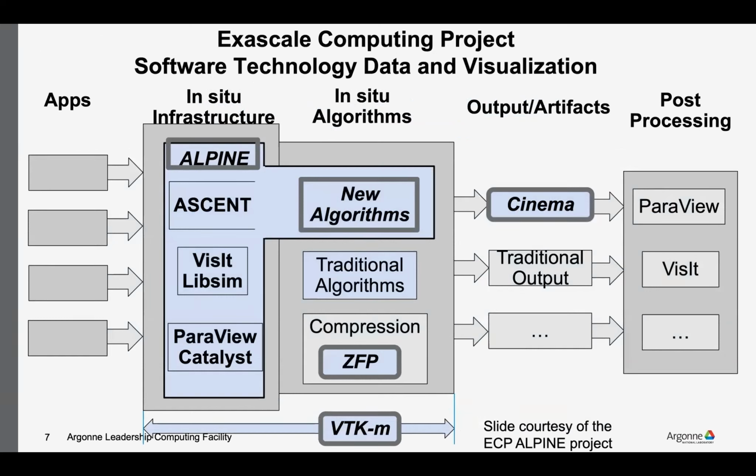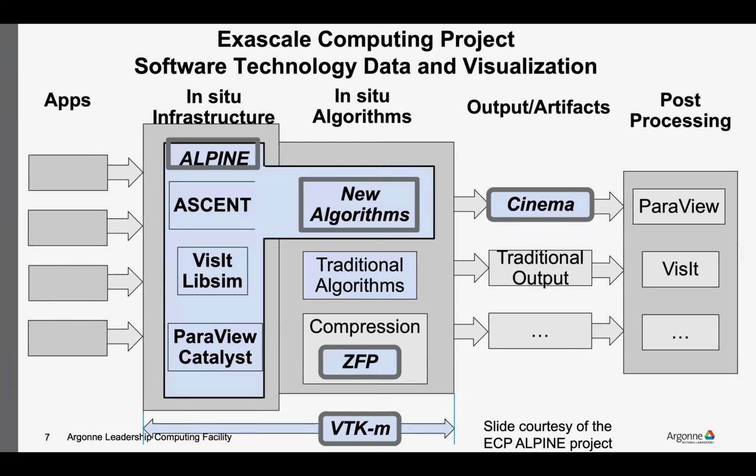Since ATPESC is part of the Exascale Computing Project, I wanted to show this slide showing how all these technologies fit together in this scheme. The Alpine project includes Ascent as its main technology, and also includes the LibSim library in VisIt and the Catalyst library from ParaView.